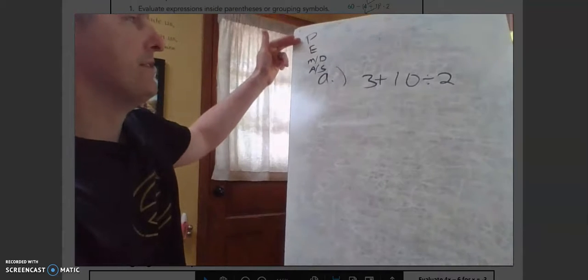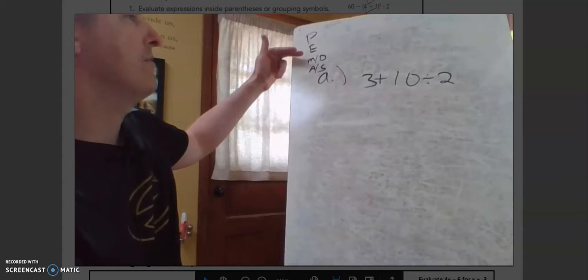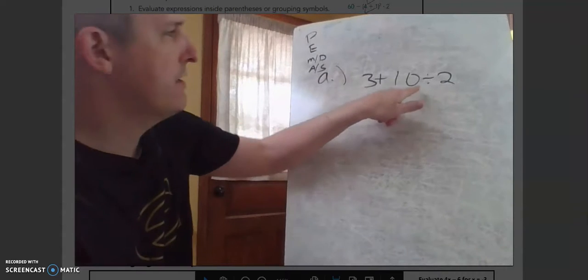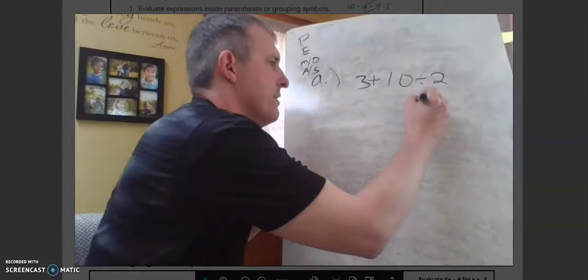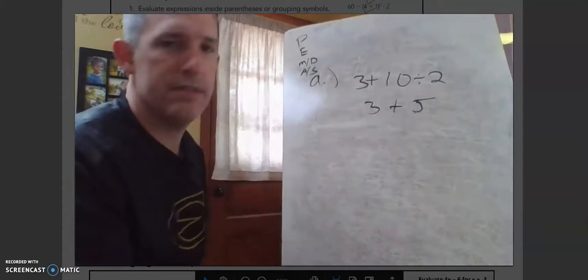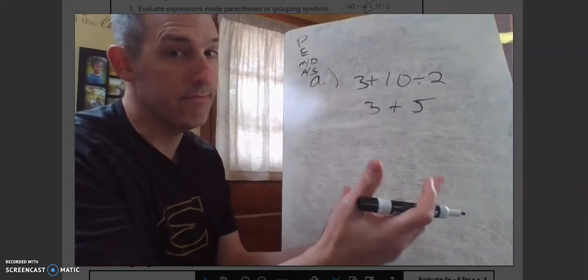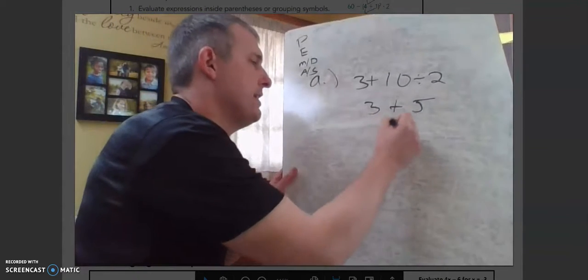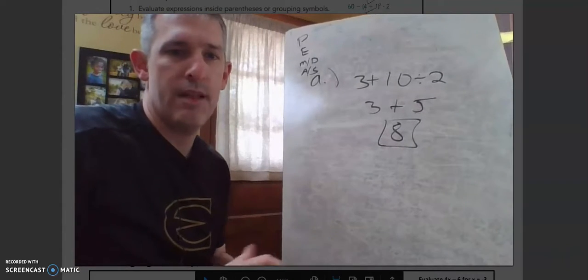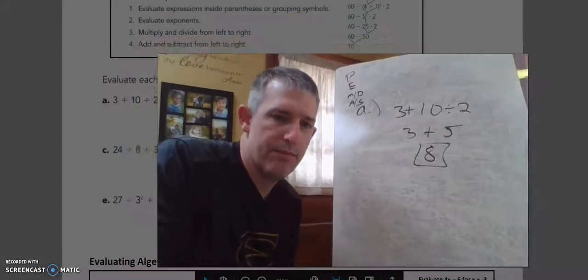I've got no parentheses, I've got no exponents, but I do have multiplication or division right here. So I'm going to divide first. 10 divided by 2 is going to be a 5. And then I'm going to bring everything else down. 3 plus 5. And then one last step, 3 plus 5 would be 8. That's my answer.